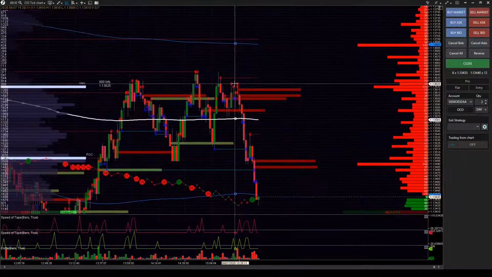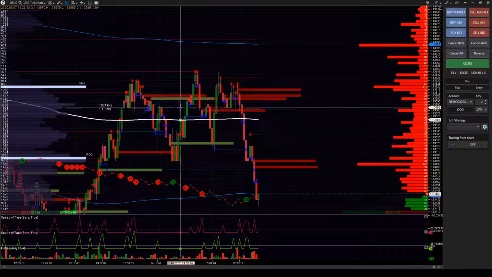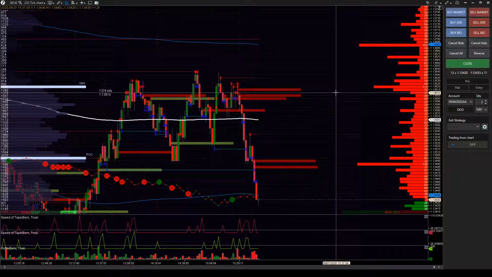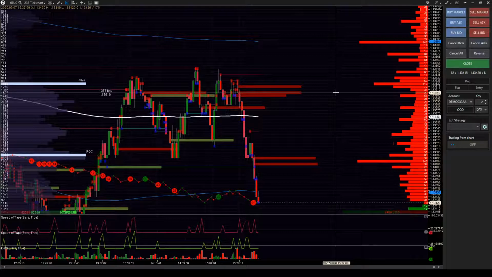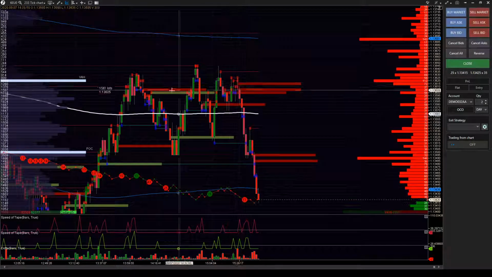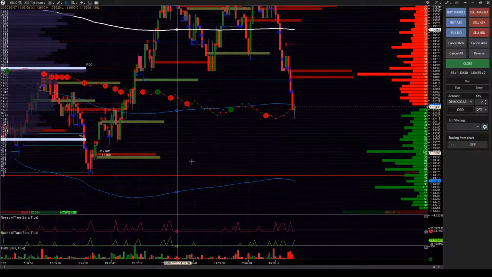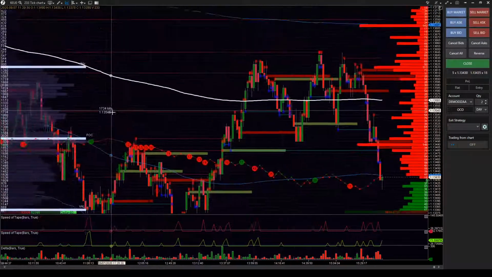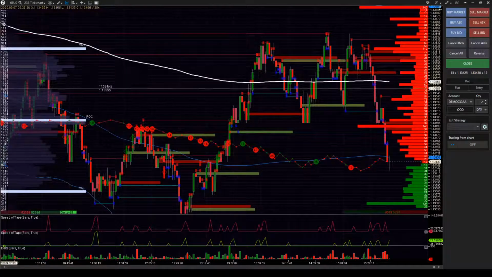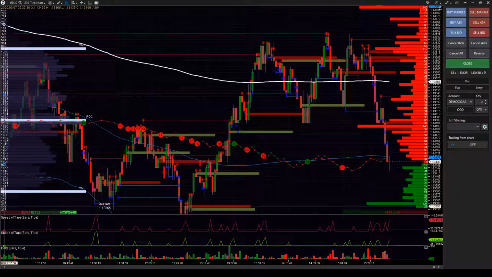You can also find here these red lines and green lines, which are imbalances, sales imbalances and buy imbalances. Let's play with that later. And on the left, you can see these white numbers here are the volume, right?